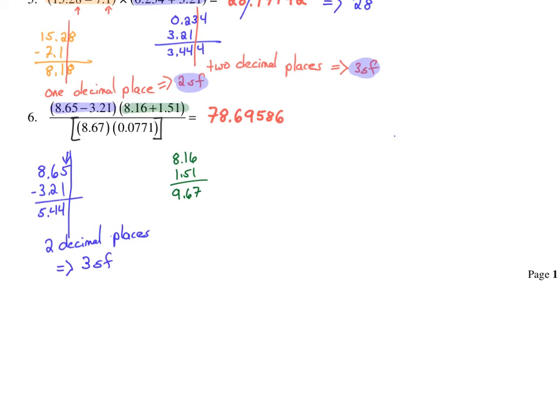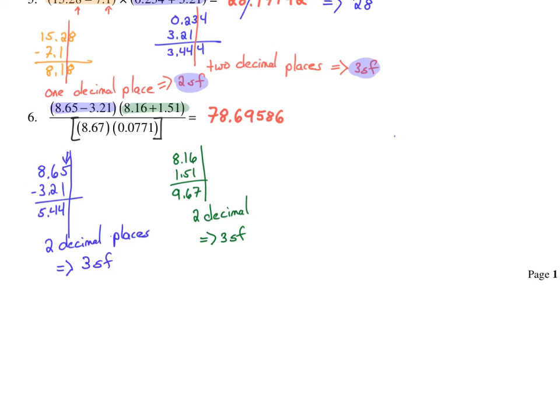And the second result in the numerator, we see a similar thing. 2 decimal places in each of the numbers in the addition, and therefore 3 sig figs that can be justified in that number.